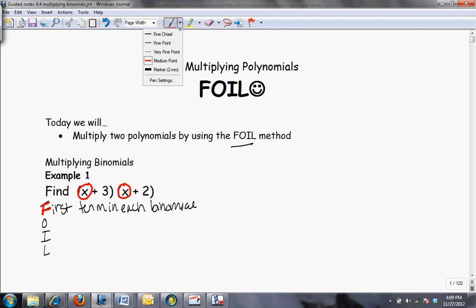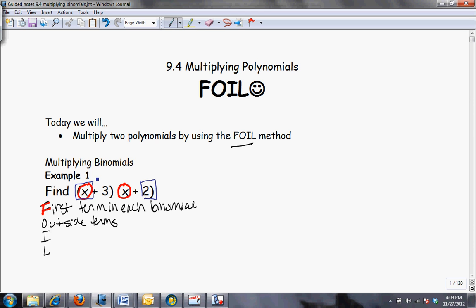First, outside, inside, last. Now we are going to look at the outside terms, and these are actually the outside of the entire problem. So here, my outer terms, this is on the outside, this is on the outside.